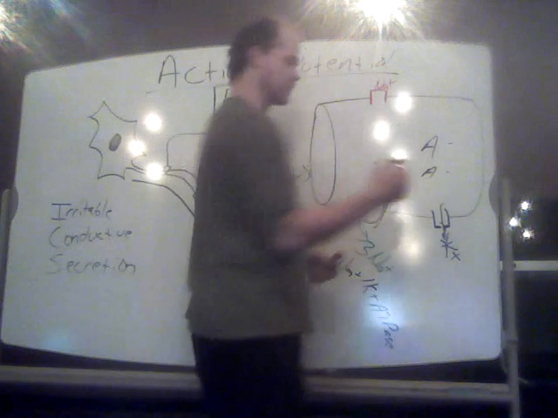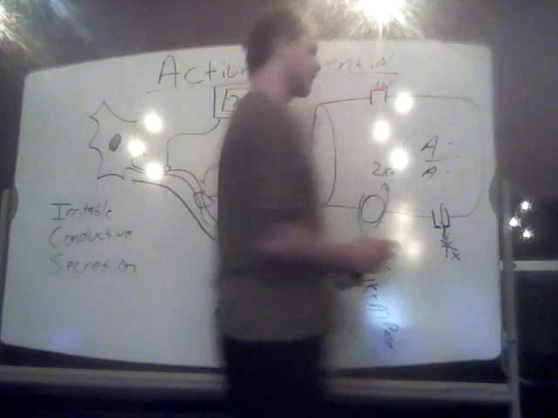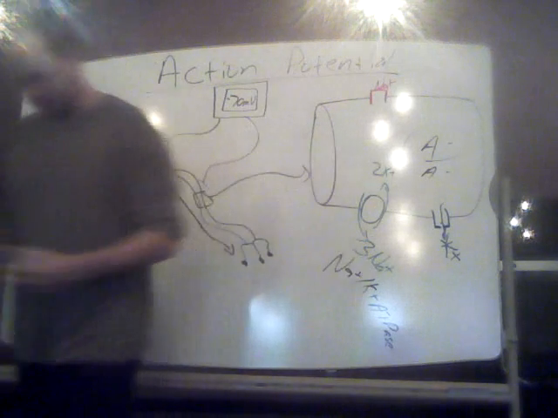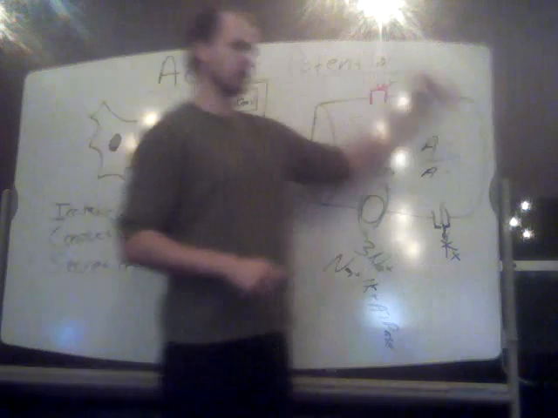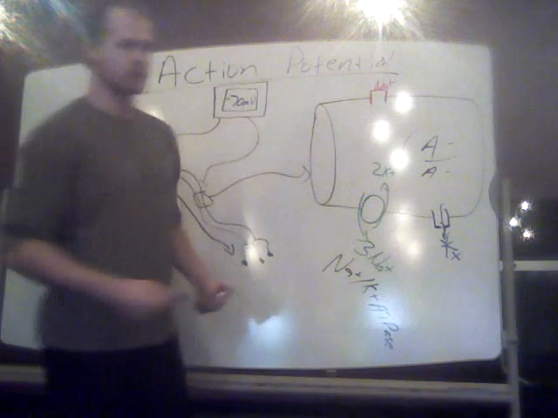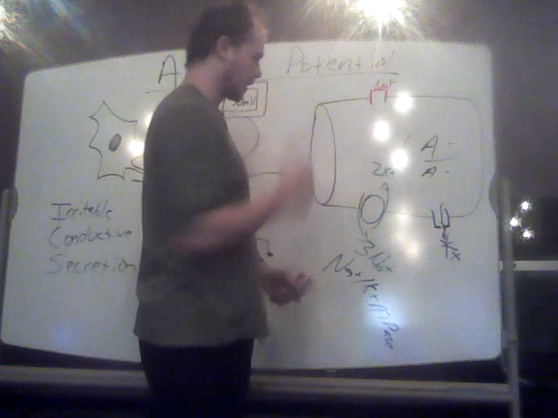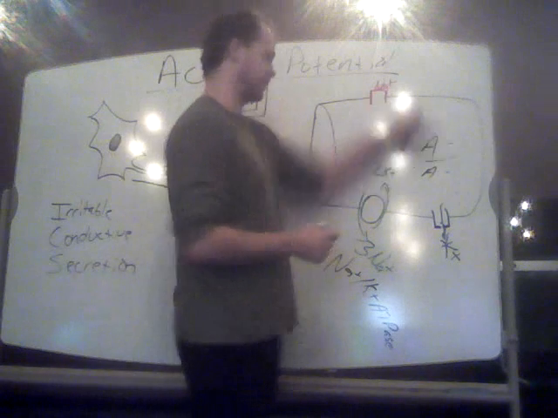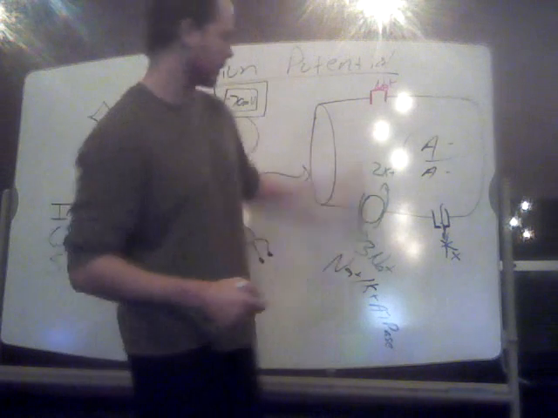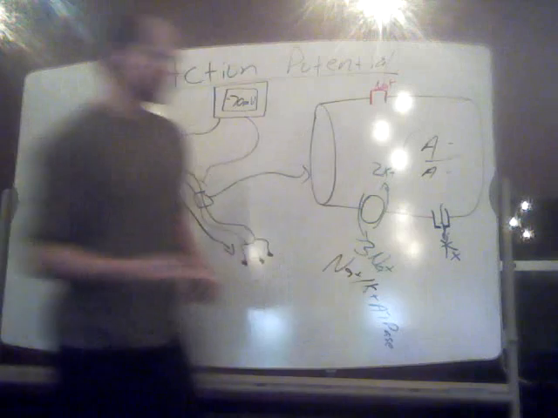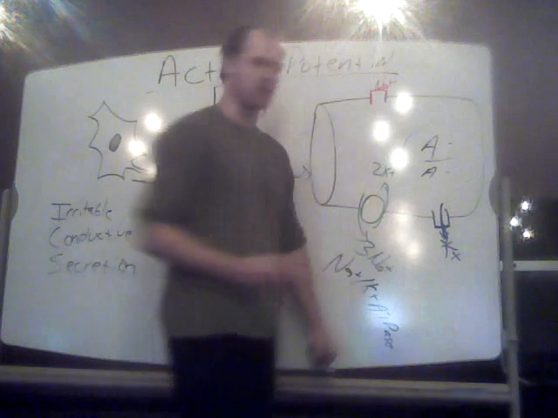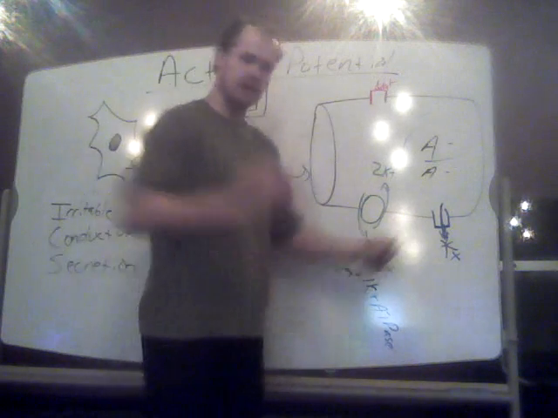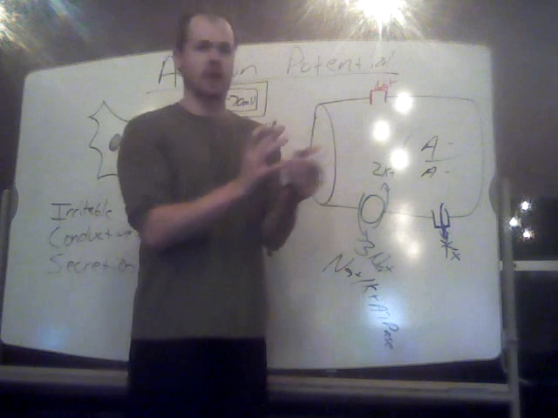But because of all these negatively charged anions inside the cell, negatively charged proteins or functional groups that disassociated from these proteins and became negative ions, the inside of the cell is very, very negative in comparison to the outside. You know what happens with opposing charges: there's a pulling force. They attract to one another.